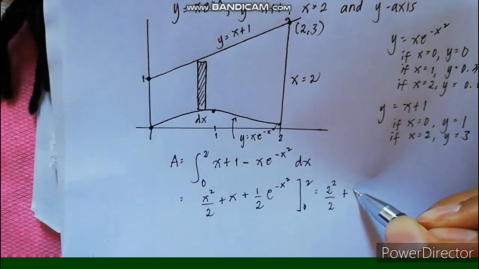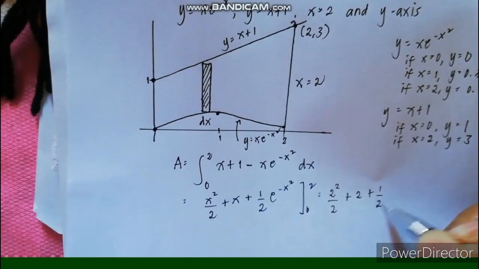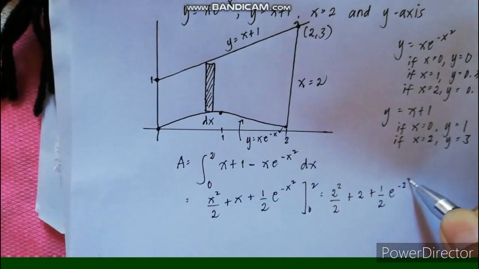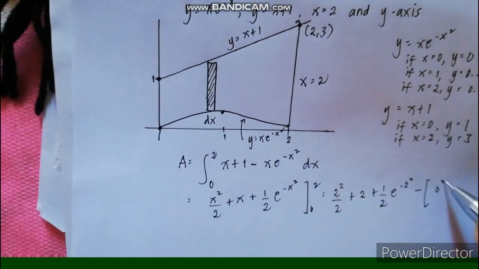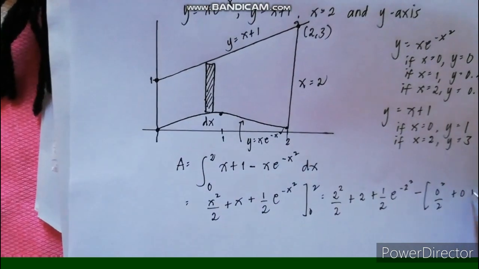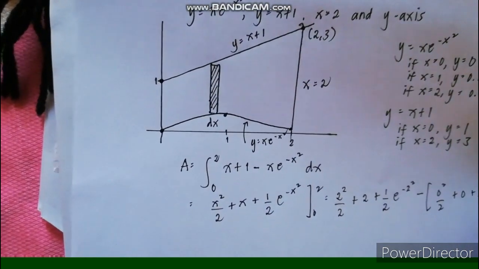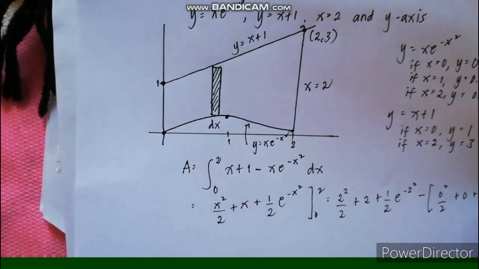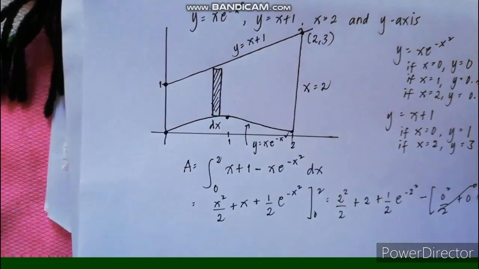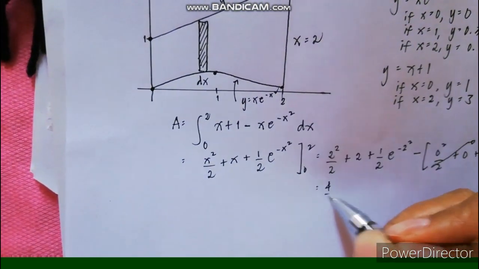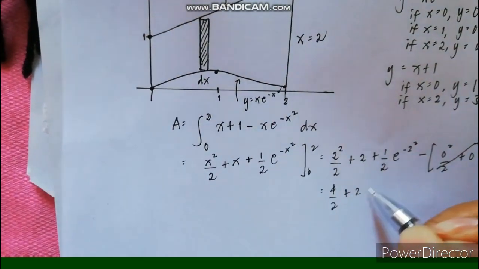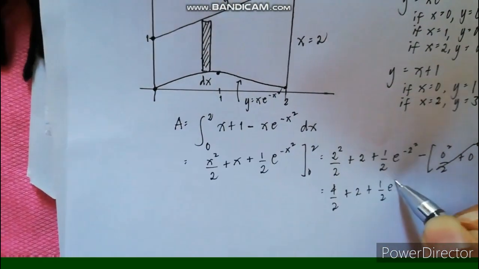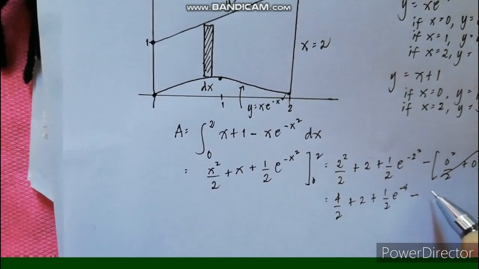We have 2 squared over 2, then 0 squared over 2, minus 1 half.